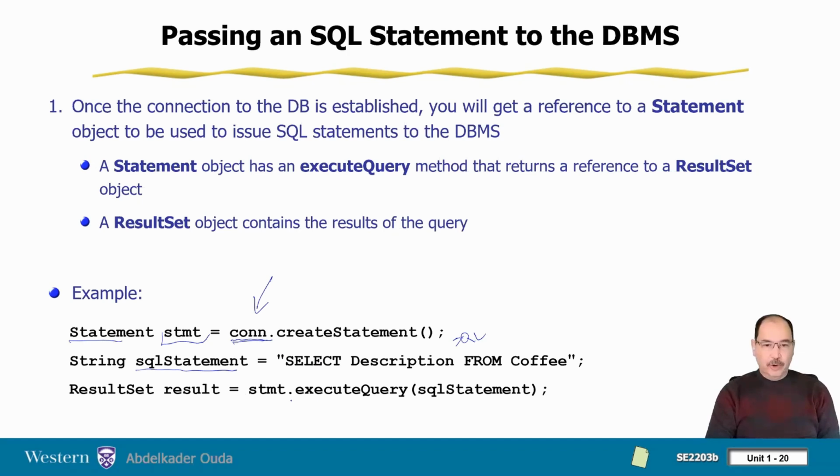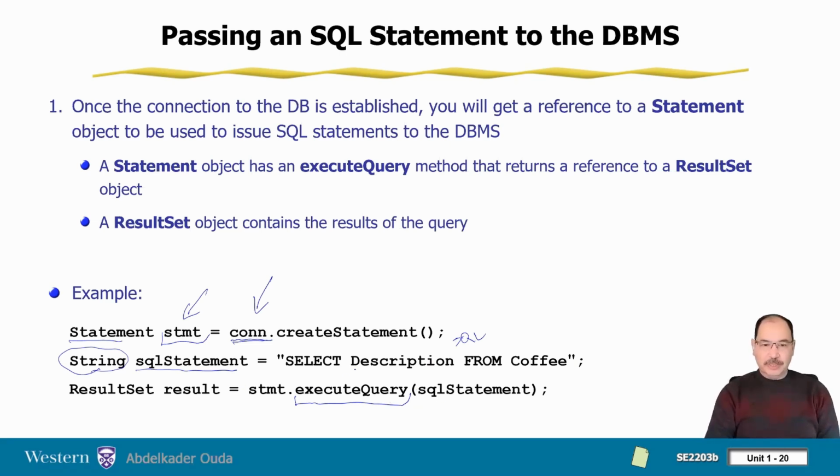Then I'm going to use this object, which is of type Statement, and call the method executeQuery. This method is defined in that object. So statement.executeQuery. Then I need to feed here my SQL command that's defined as this string. It should be a valid SQL command defined as a string variable, and then sent here as a parameter to executeQuery.